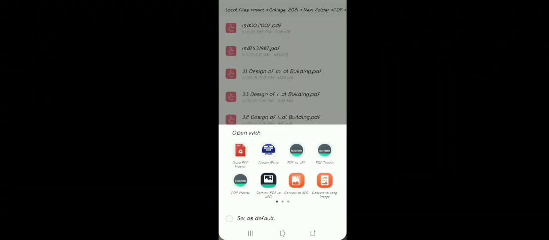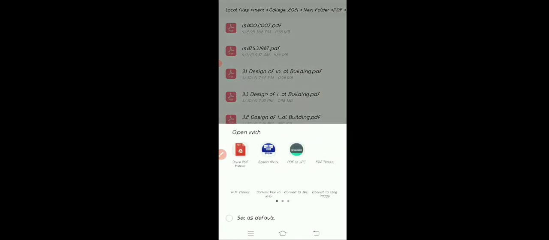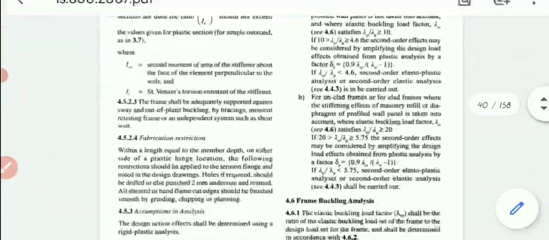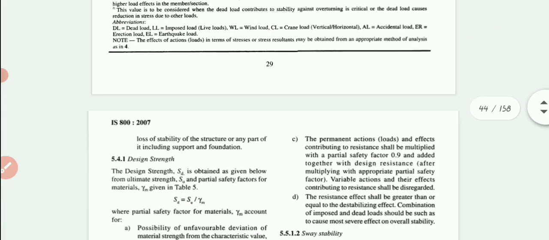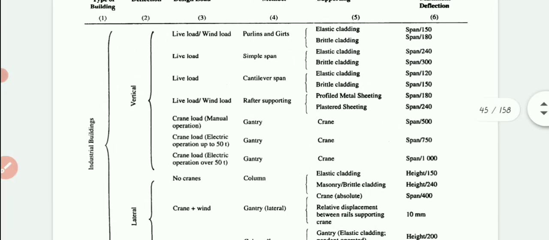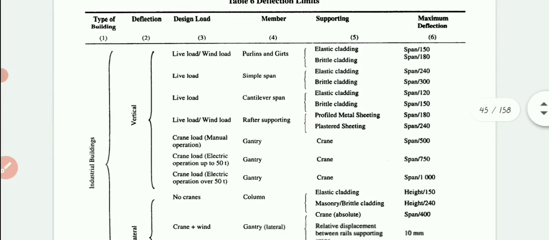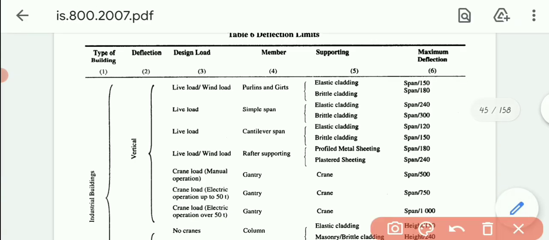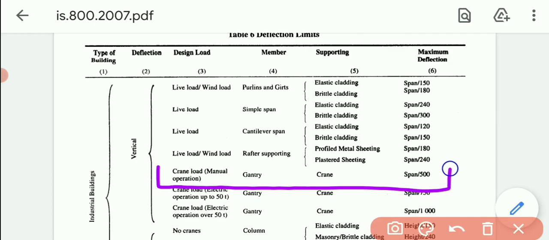IS 800, table number 6, page number 31. On page number 31, they have given the criteria over here. In table number 6, deflection limit, for our manual crane girder the deflection criteria is span by 500.